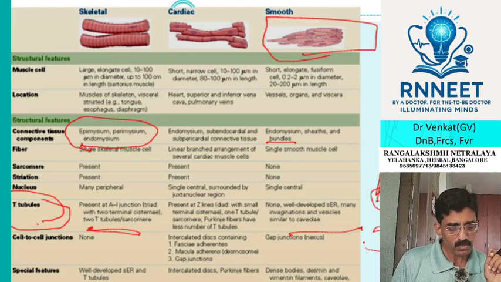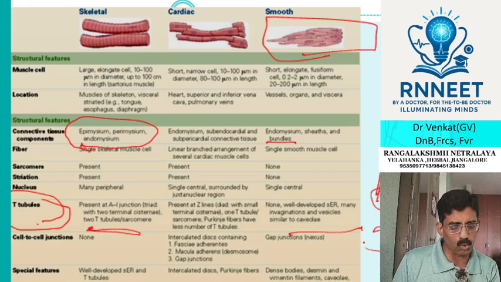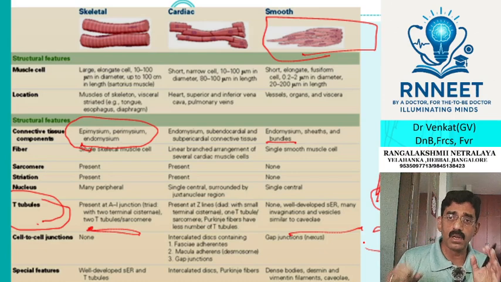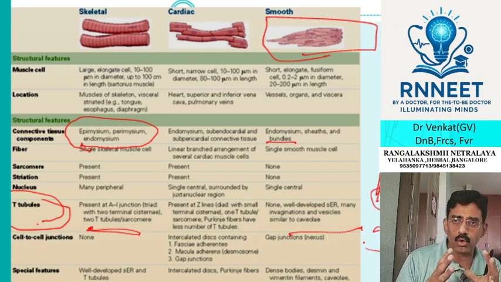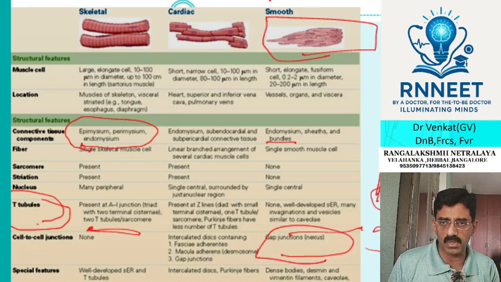Sorry. So remember that these are the main characteristics, little extra features that sometimes they may want to ask you. And if you look at junctions, what type of junctions are present? The smooth muscle again needs to contract together, all the calcium needs to go together, and so that is why you get gap junctions in the smooth muscles.